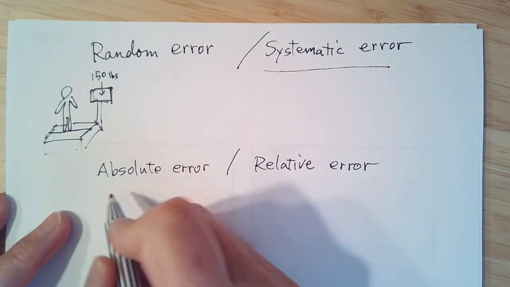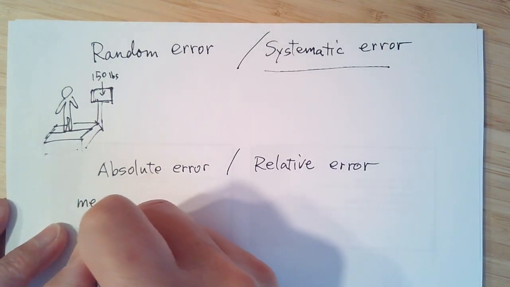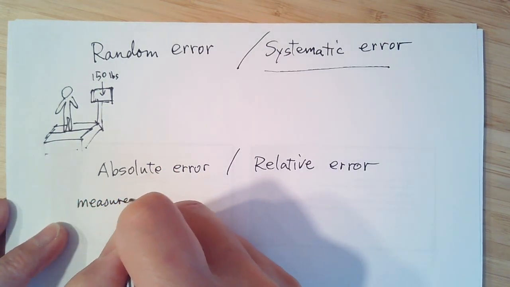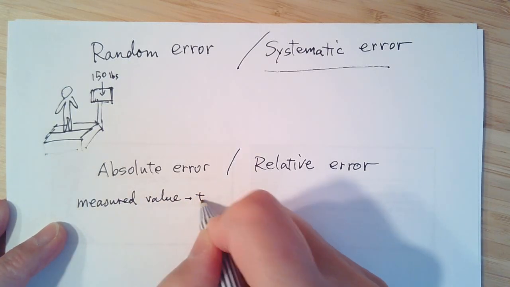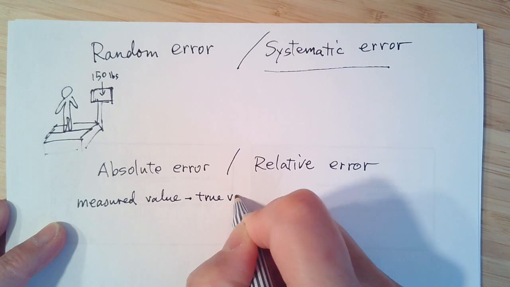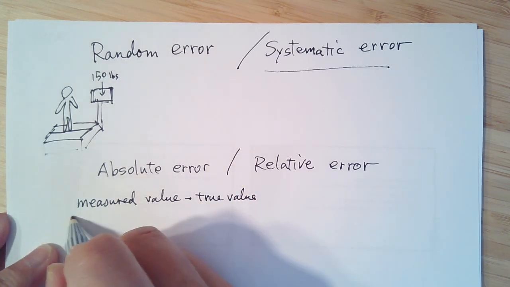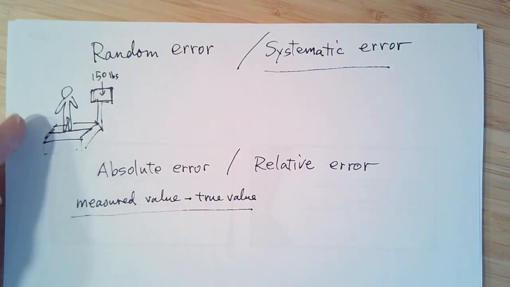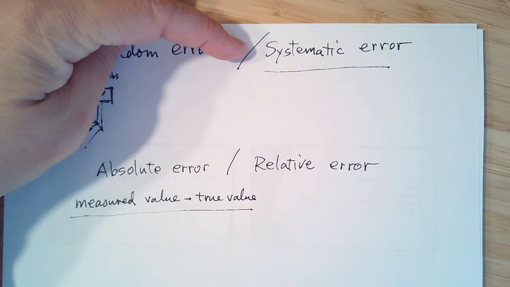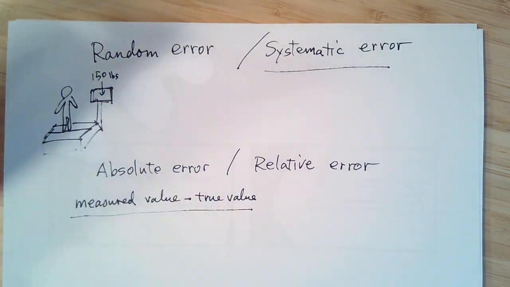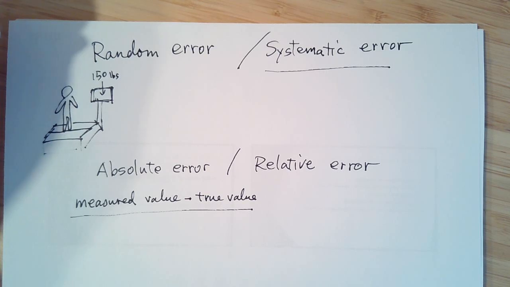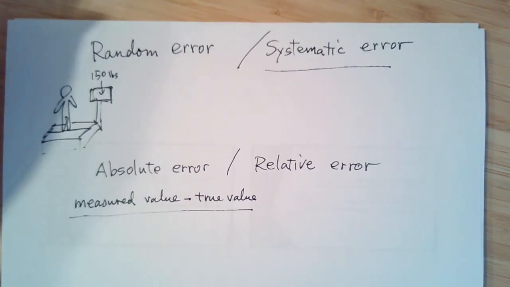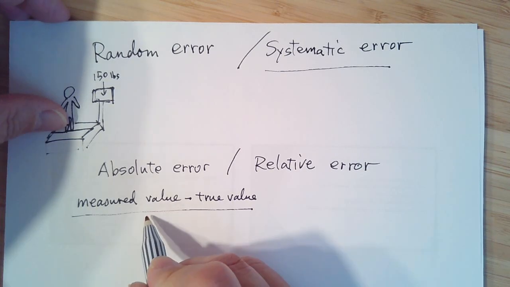So the absolute error is the measured value minus the true value. That's the absolute error. So for systematic error, we're going to always see the measured value and the true value differ by 2. So when there's a consistent absolute error, most likely you're going to see that's a systematic error. All right, so this is the value minus value.